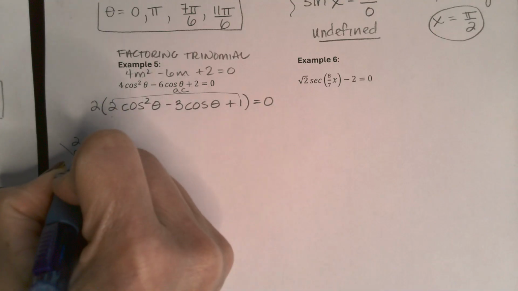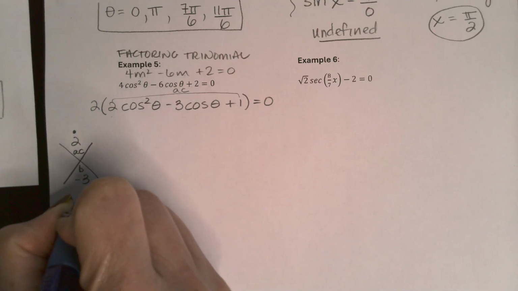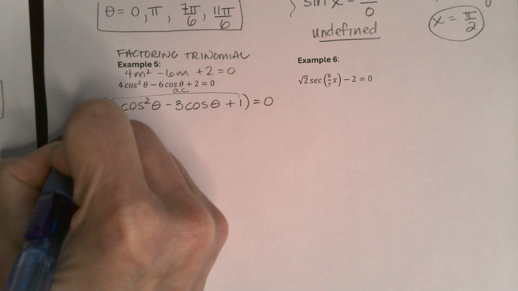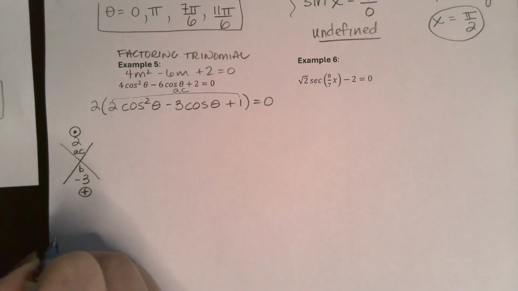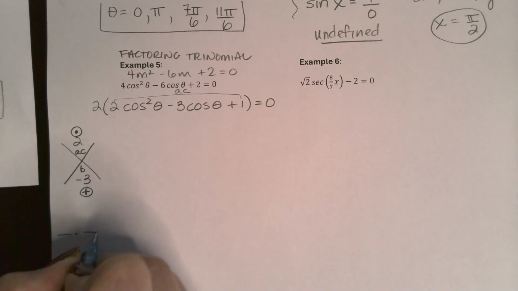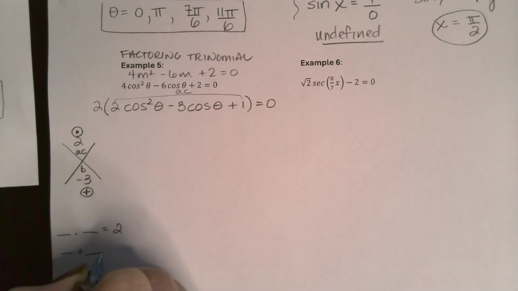And we need to know what two numbers multiply to be a 2 that at the same time add to be a -3. So I'm going to circle the operations here. Some students do it like this. What times what equals 2? What plus what equals -3?